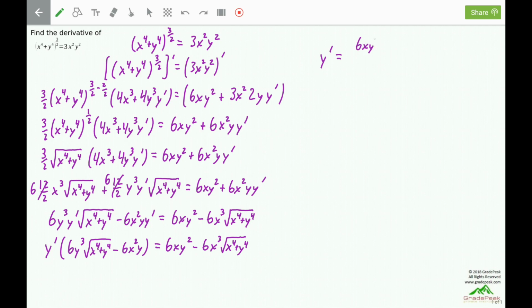That will be 6xy squared minus 6x cubed times the square root of x to the fourth plus y to the fourth, divided by 6y cubed square root of x to the fourth plus y to the fourth minus 6x squared y.